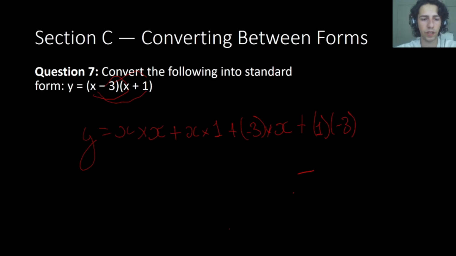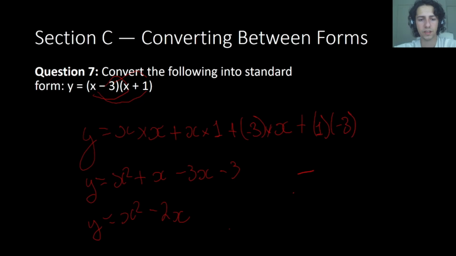Now, if we simplify this a little, we get x squared plus x minus 3x minus 3, and if we simplify this a little more through addition, we get x squared minus 2x minus 3.